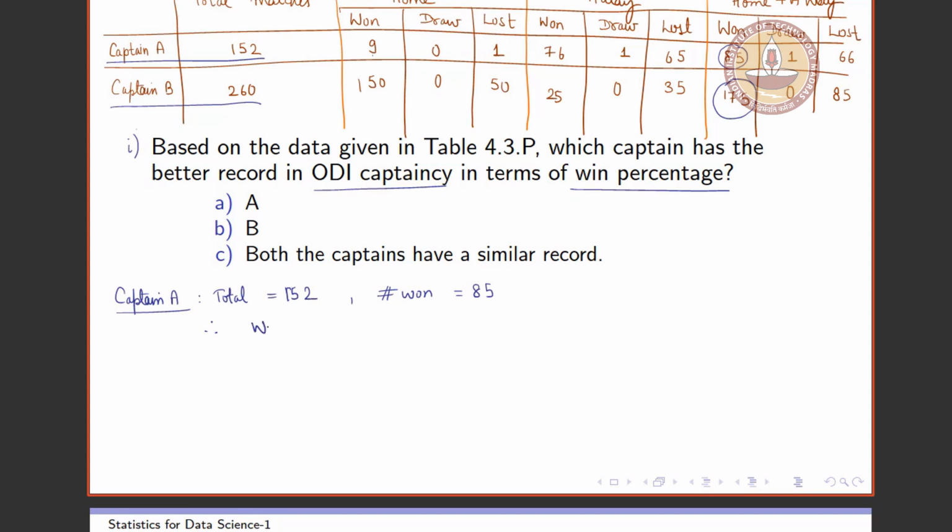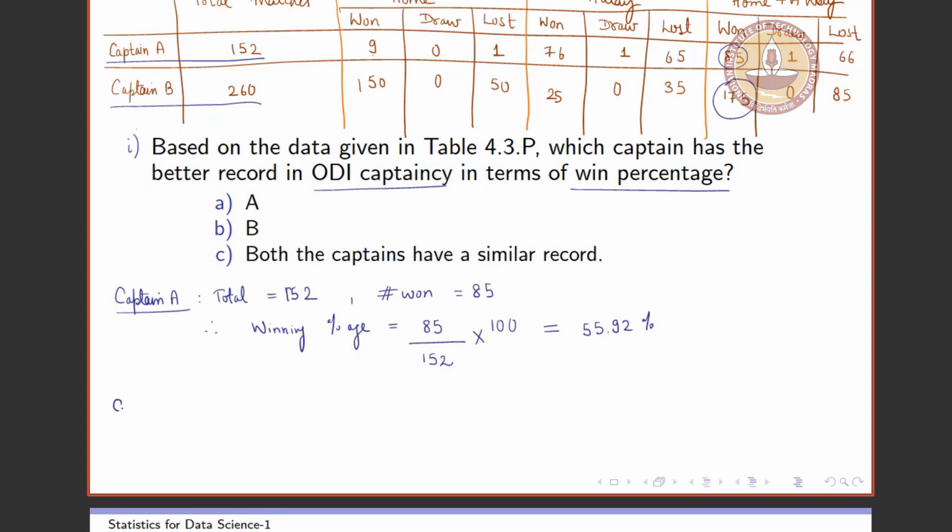Therefore, winning percentage is equal to total number of matches won by Captain A in both home and away matches divided by total number of matches played by Captain A into 100. So after solving this, we will get 55.92%.